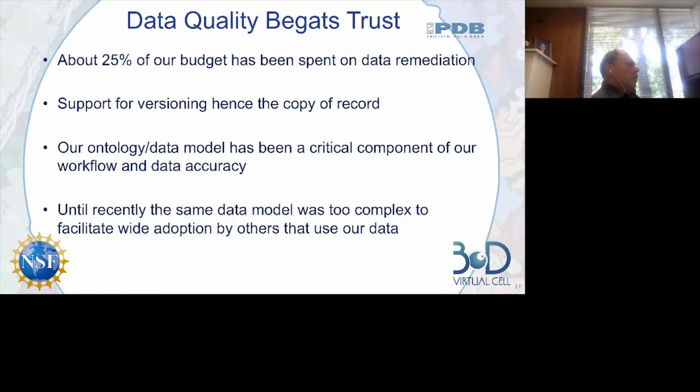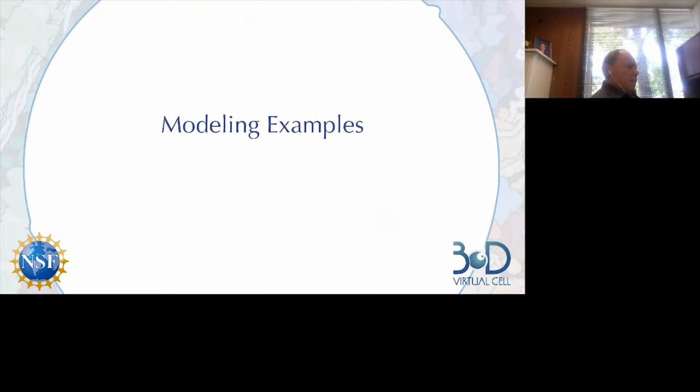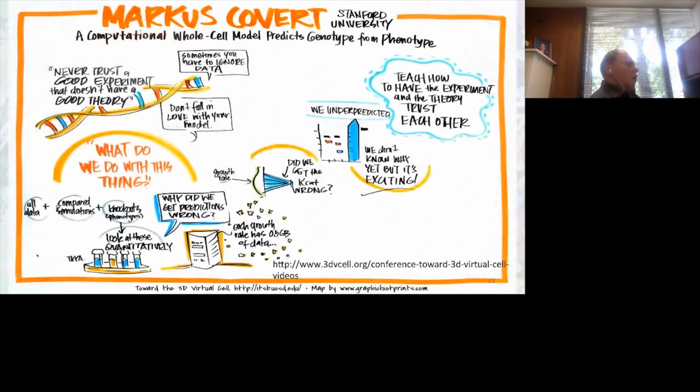So just to give you an example of the kinds of things that were talked about at the meeting, some of which have already been added now to the catalog, some modeling examples. So Markus Covert talked about his work on complete cell modeling from genotype to phenotype, which in some ways, at least in the popular press and perhaps deservedly beyond that, and I'm not the person to judge that, has really helped propel these things forward.